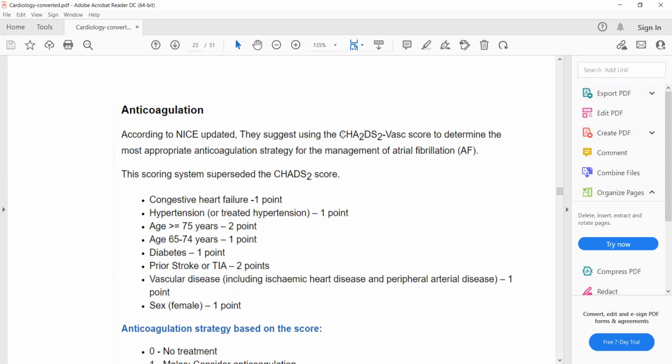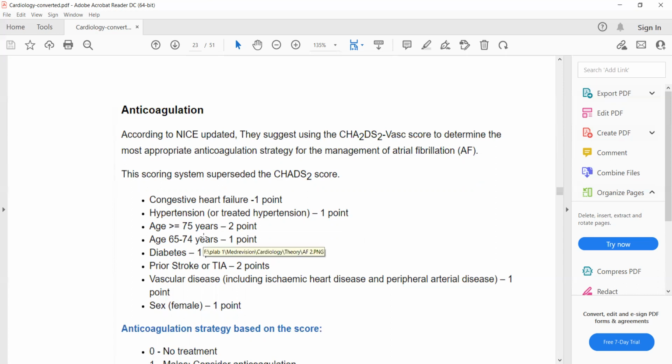CHA2DS2-VASc score, where C stands for congestive heart failure. So 1 point for congestive heart failure, H stands for hypertension, 1 point for hypertension. With A, there is 2. So if age is above or equal to 75 years, then we will give 2 points.